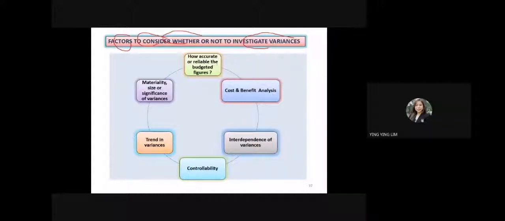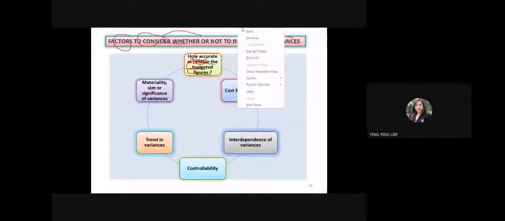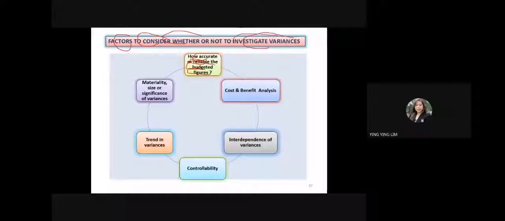Now, first of all, we're going to look at how accurate or how reliable your budgeted figure is. That is one factor that you should consider, because if your forecasted budgeted figure is not accurate, not reliable, then it will be a waste of time if we go and investigate the variances here.